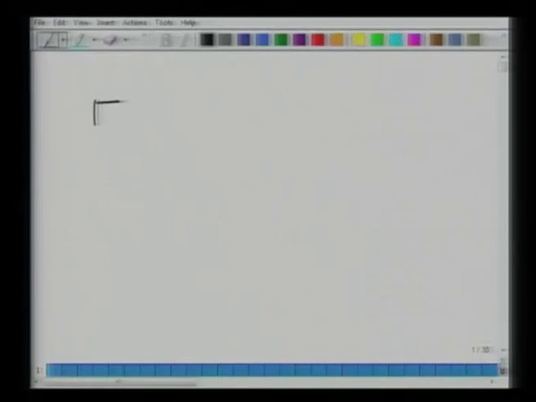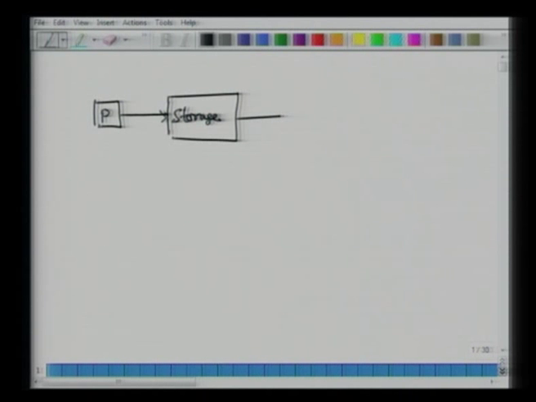So, if we look at it here, we have the rainfall P falling on the catchment, then the catchment basically consists of lots of storage components. And out of these storage components, the output coming out from the catchment is what is called flow, stream flow, runoff, etc.